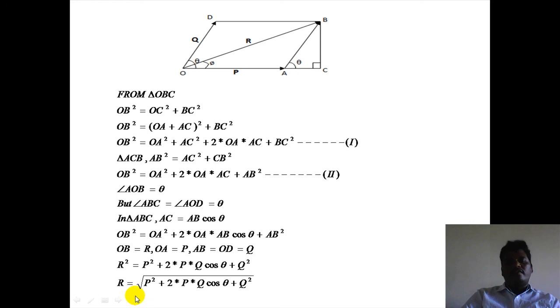From that, R is equals to square root of P square plus 2PQ cos theta plus Q square.